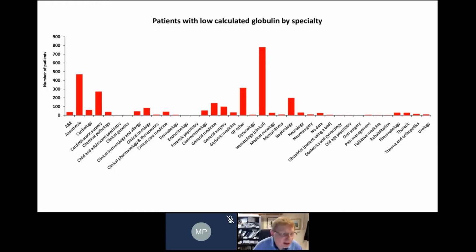We then looked at about 300,000 samples, took the low samples and asked, where do these come from? Which specialty can we link that to?